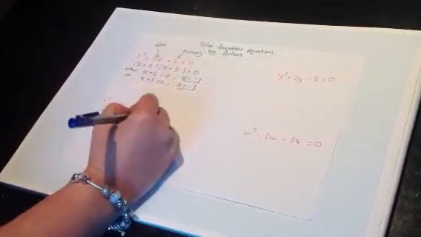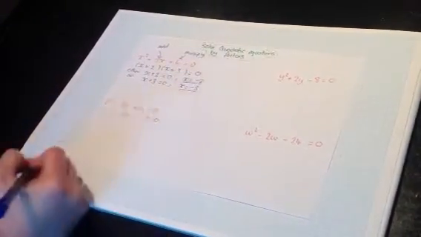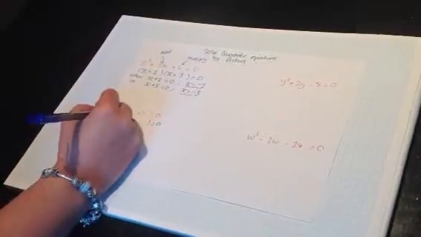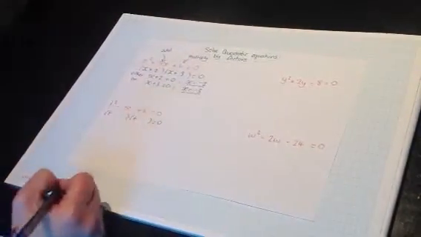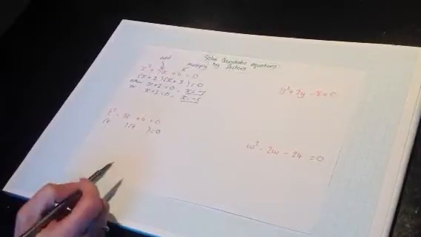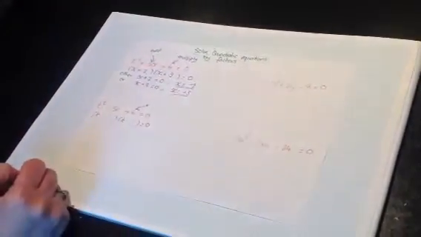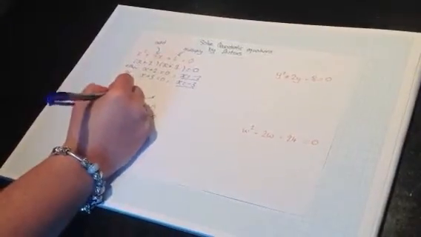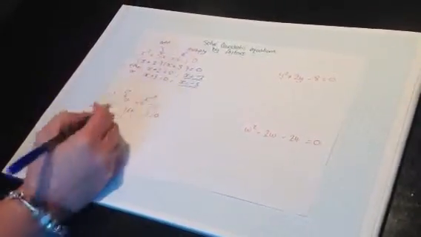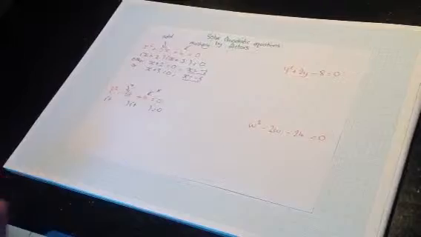So for the next one, t squared minus 5t plus 6 equals 0. So I'm going into double brackets, equal to 0. I've just got t squared, so a t at the beginning of each one. So again, I'm looking for two numbers that multiply to give me 6, but this time that add to give me minus 5.